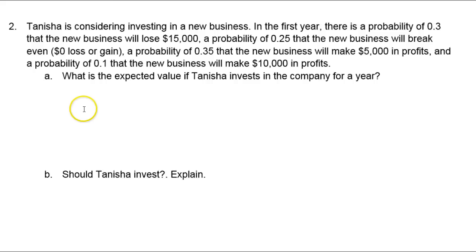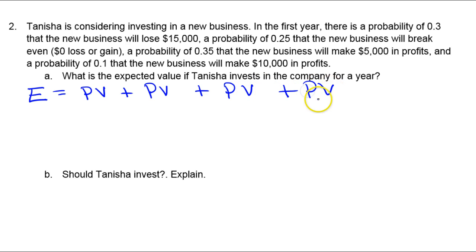Well, we just talked about expected value. So hopefully you remember that expected value is probability times value plus probability times value plus probability times value plus probability times value.